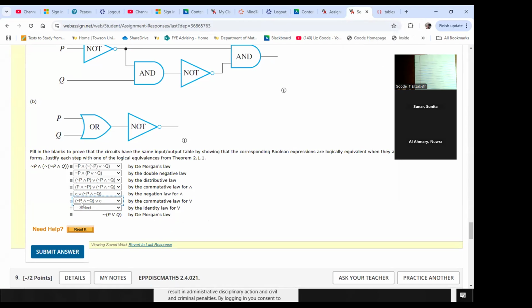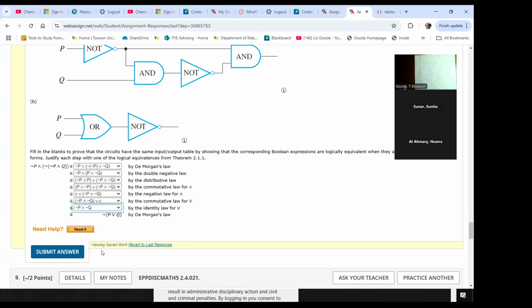Here we have not P and not Q ored together with a contradiction. So that's logically equivalent to not P and not Q.